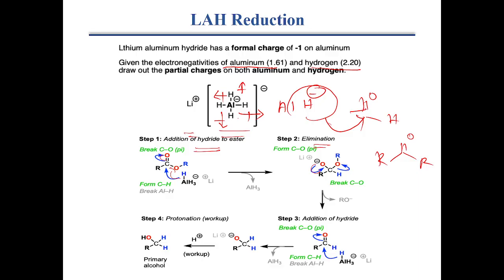So this will go, and ROH will leave. Then it will form an aldehyde. Then the remaining aluminum hydride will further attack and form this alcohol after workup. So this is the basic mechanism of the aluminum hydride reaction.